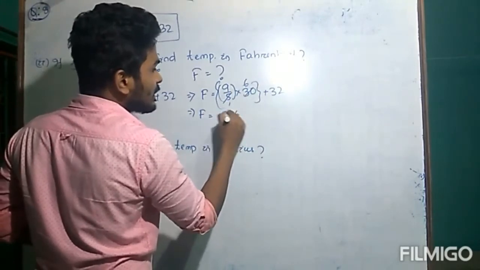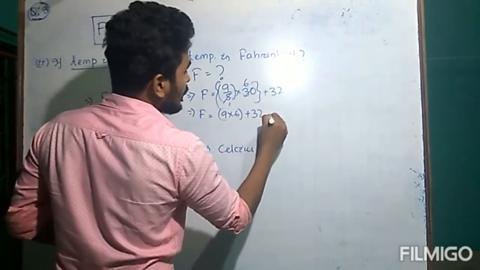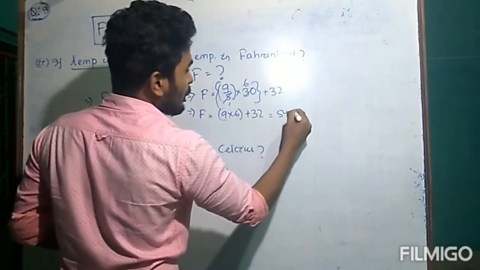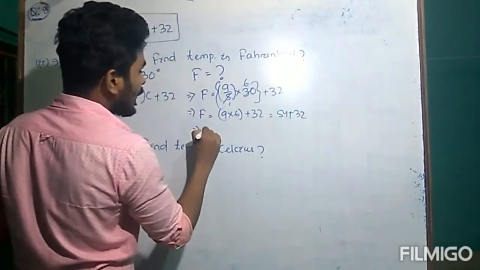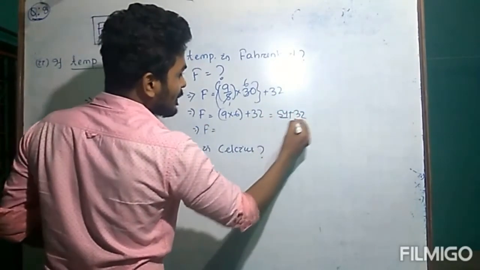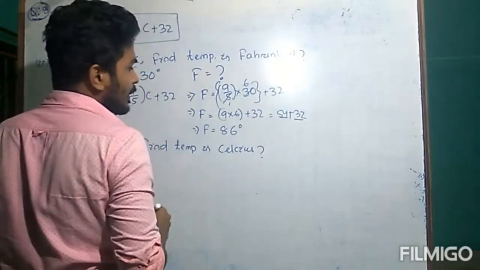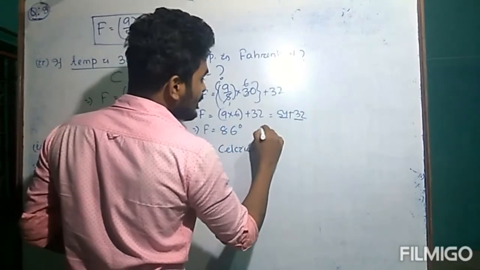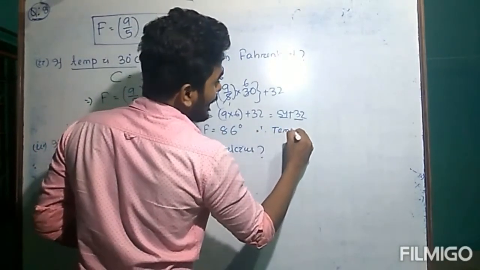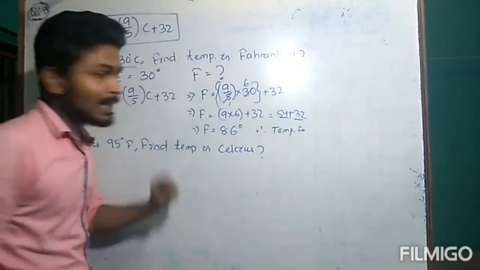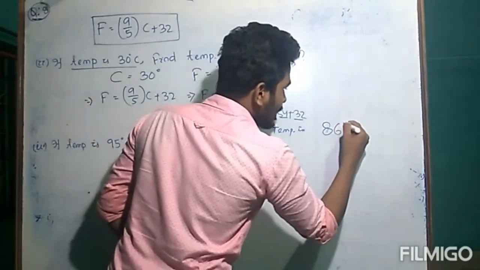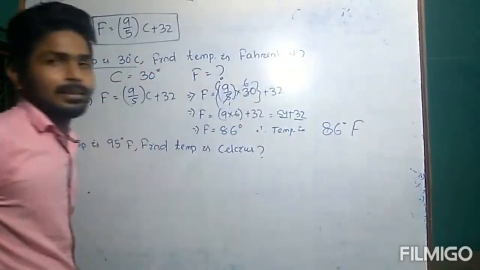So 9 into 6 plus 32. That is 54, 9 sixes are 54, plus 32. So we get F is equal to 54 plus 32, 86 degrees. Hence the temperature on the Fahrenheit scale is 86 degrees Fahrenheit.